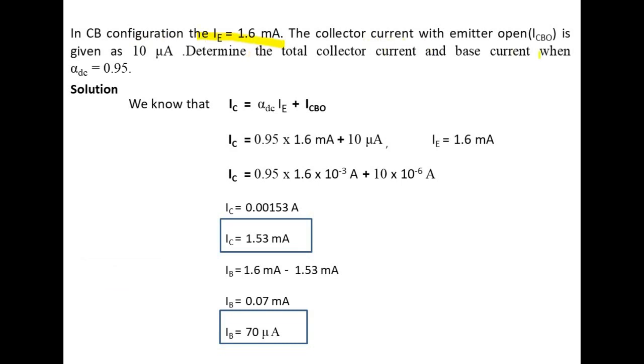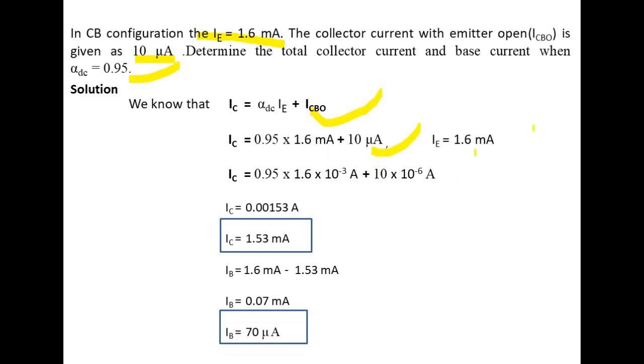In common base configuration, the emitter current is 1.6 milliampere. The collector current with emitter open, that is ICBO, is given as 10 microampere. We have to determine the total collector current and base current when alpha DC is given as 0.95. We know that IC is equal to alpha DC IE plus ICBO, that is IC is equal to 0.95 into 1.6 milliampere plus 10 microampere.